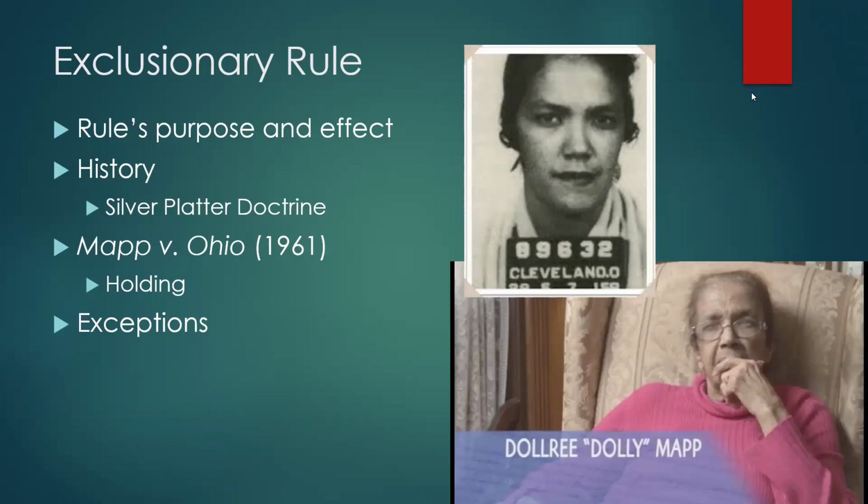Impeachment, that's part of the rule. The exclusionary rule only prevents prosecution from using the illegally obtained evidence to establish guilt, but they can use it to impeach the testimony of a lying witness.